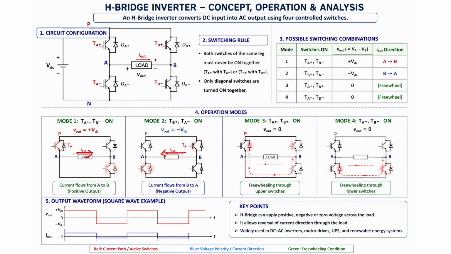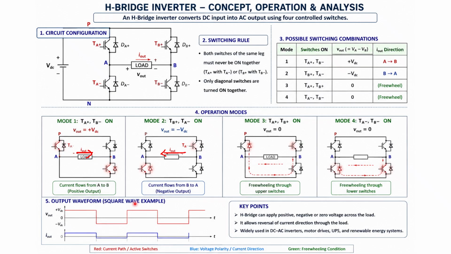So the H bridge can therefore apply a positive, negative or zero voltage across the load while allowing the load current to continue in either direction. So current can also be positive or negative, and voltage can also be positive or negative.